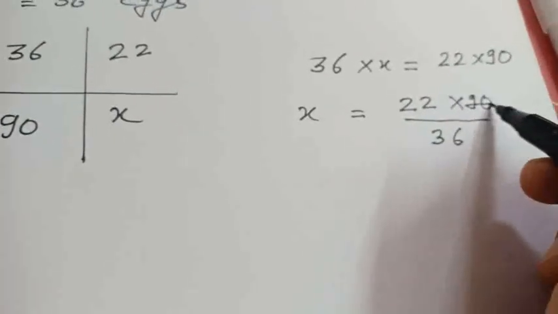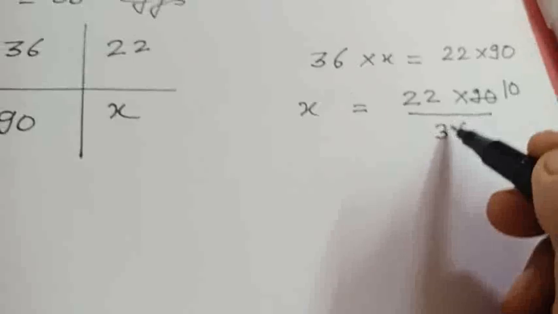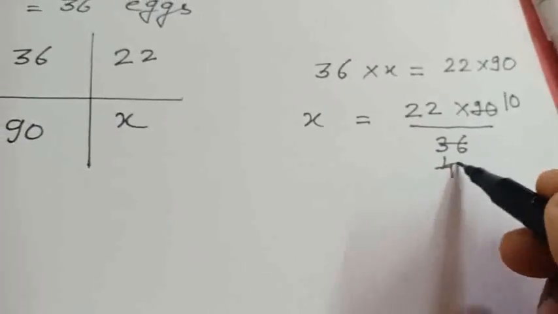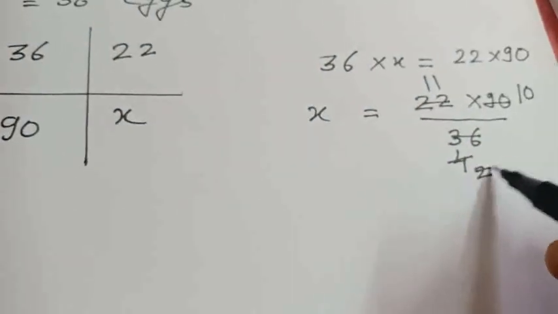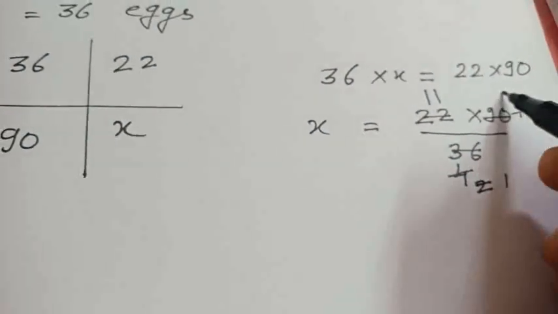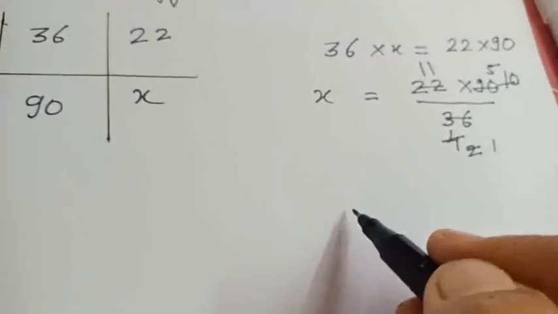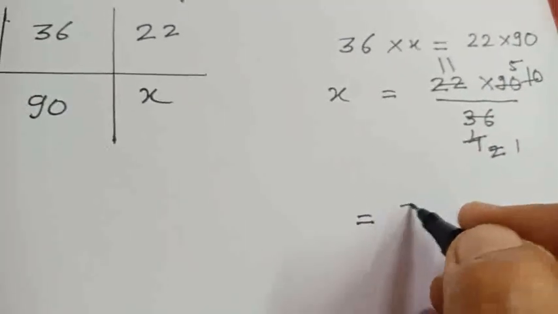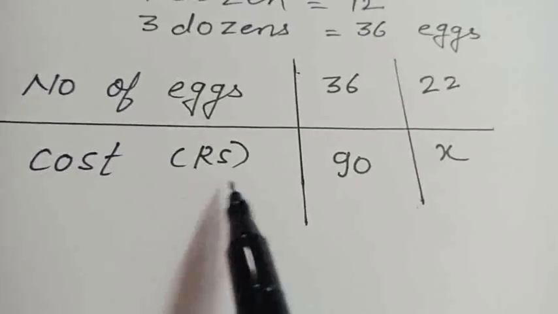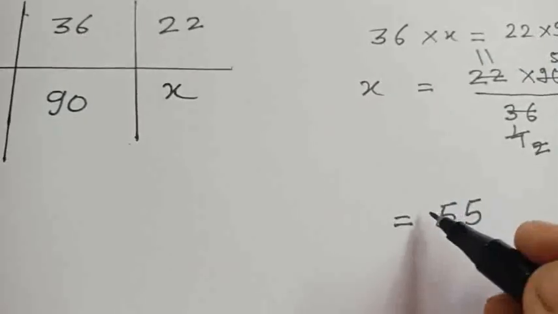You can cancel out by 9, 10s and this is 4s. Then again 2 2s are 4, 2 11s and here 2 1s are 2, 5s. So the answer is 55. And what is the unit of this answer? This is cost. So rupees 55.